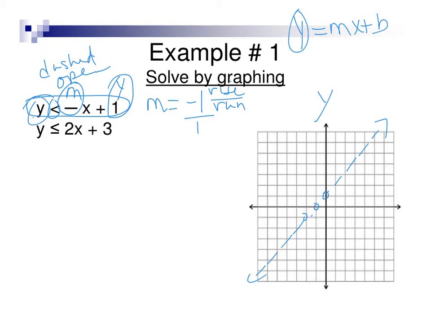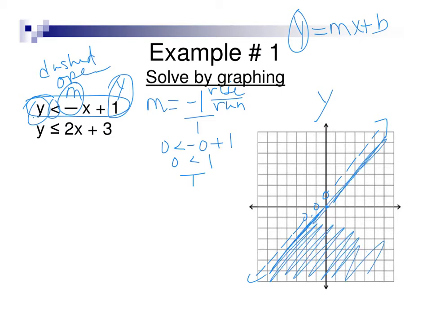Now I need to choose a test point. I'm going to choose 0, 0, because remember, my test point can't be on the line, and 0, 0 isn't on the line. So I'm going to substitute 0 in for my y in my equation, and 0 in for my x. So I have 0 is less than 1. Is 0 less than 1? That's true. Yes, it is. It is smaller. So that means I shade on the side of the line that has that point.